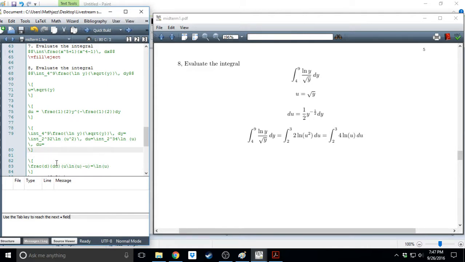Okay, so the antiderivative is going to be u ln of u minus u. The whole thing gets multiplied by 4 because that was the constant we had. And our limits were 2 and 3.